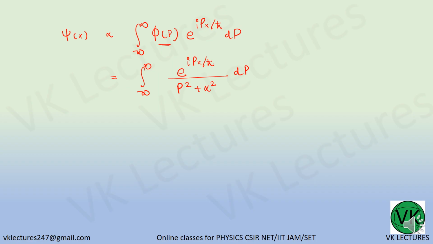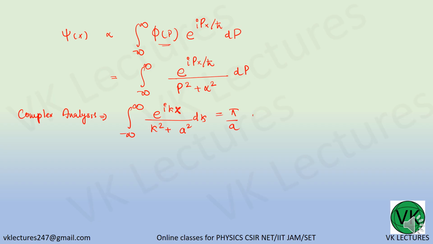Now from complex analysis, we know integral from minus infinity to plus infinity e to the power i kx divided by k square plus a square dk equals pi divided by a e to the power minus a mod x. So now replace the terms.